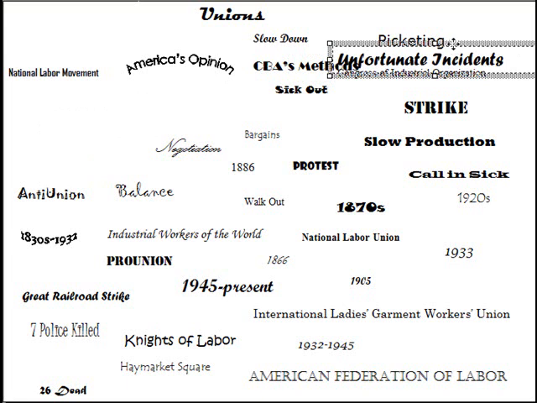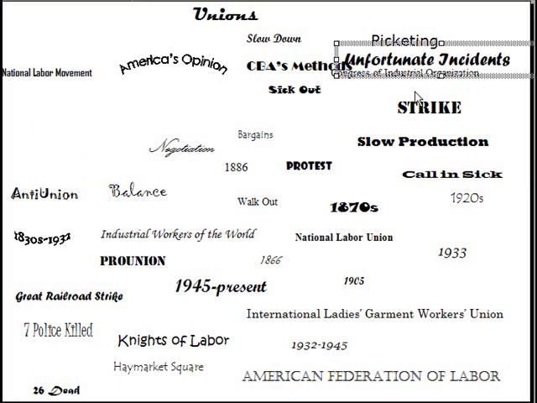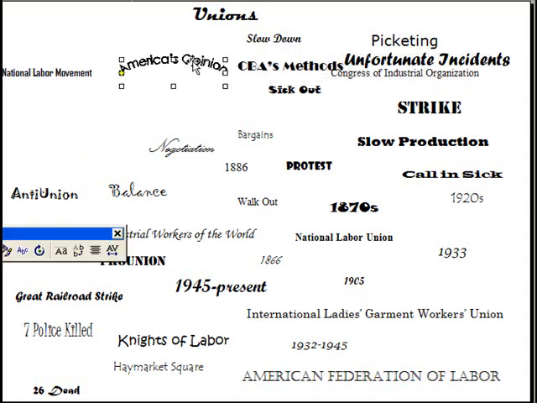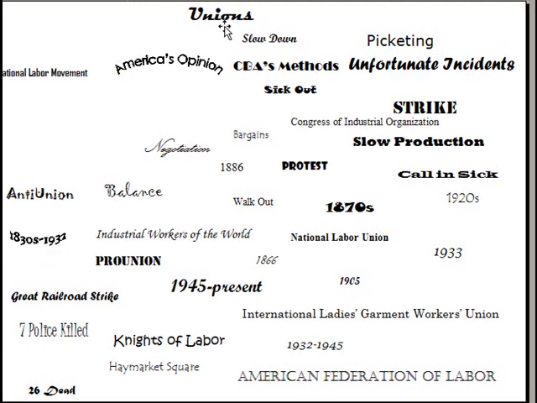I'll space these out a little bit better, and then we will start to put the details underneath each of the subtitles. Bear with me here on some of the finer adjustments. Pretty good. So we now have our title, unions, and 4 subtitles.